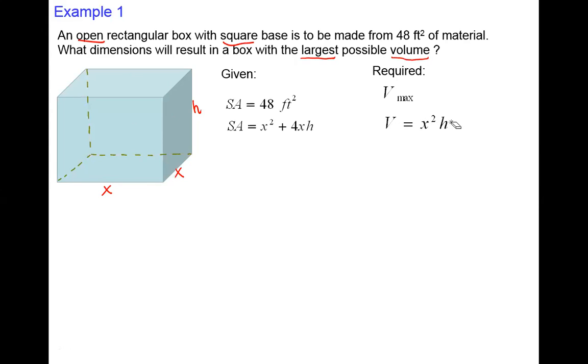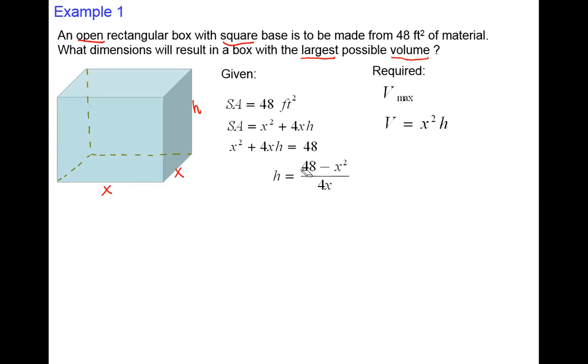We do have the formula for the volume, x squared times h, but we don't like these two variables. We have to rewrite in terms of one. That means always, please remember, the given information will give you this idea. Because I can say that x squared plus 4xh is 48, and I can solve this equation for h, subtracting x squared from both sides and dividing by 4x.